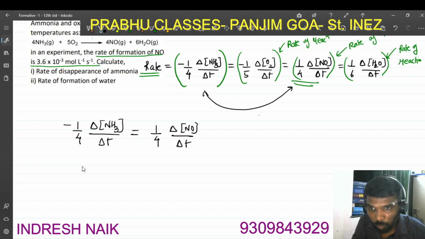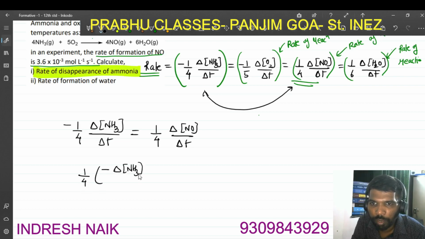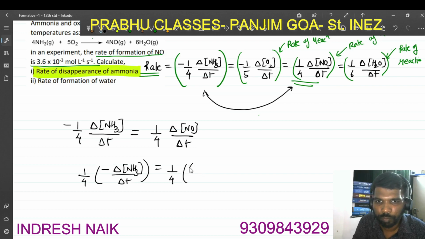So here, what is asked? Rate of disappearance of ammonia. Now you decide how you are going to write a rate of disappearance. It means you have to take this 1 by 4 outside, and this minus sign and delta NH3 by delta T is equal to 1 by 4 delta NO by delta T, right?